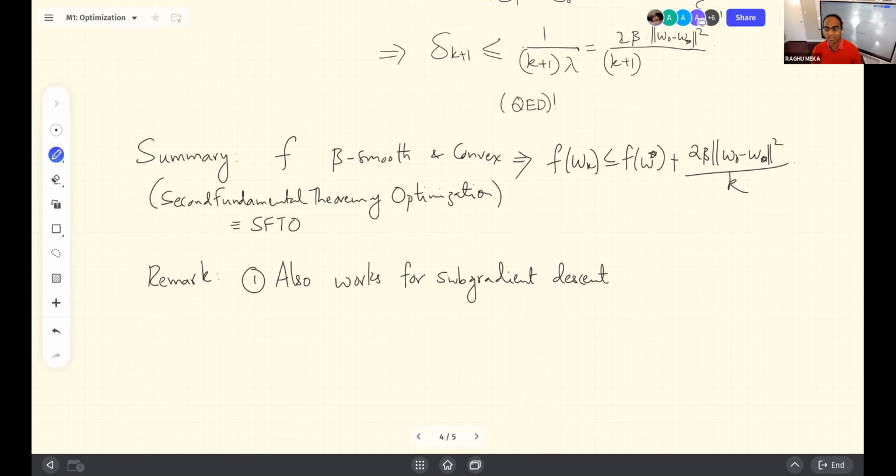You replace the term gradient with subgradient and everything goes through. In some sense, the only property of gradient that we use is the lower envelope property, that the tangent line is completely below the curve, and that is true for subgradient.